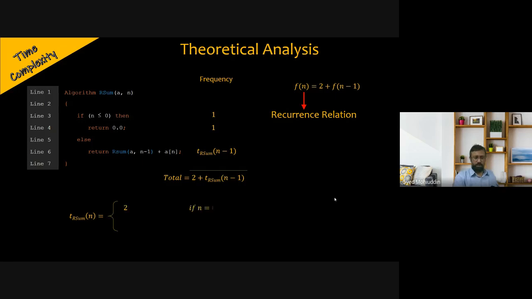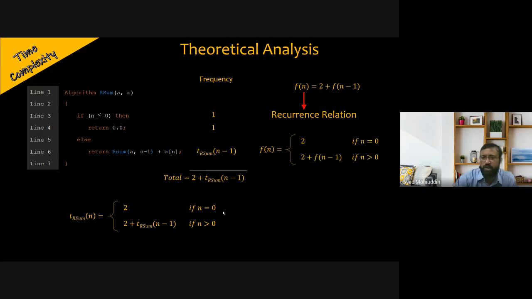So if we consider this, t of n will take constant time 2 when n is equal to 0, and 2 plus t of n minus 1 if n is greater than 0. In terms of functions, we can write it as a recurrence relation: f of n equals 2 if n equals 0, and 2 plus f of n minus 1 if n is greater than 0.